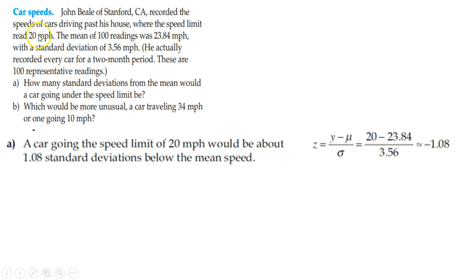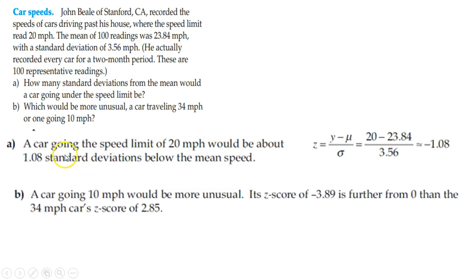So even if they were going the actual speed limit, it would be 1.08 standard deviations below the mean. A car going under the speed limit would be farther out than that. That's basically your mark, and farther down.